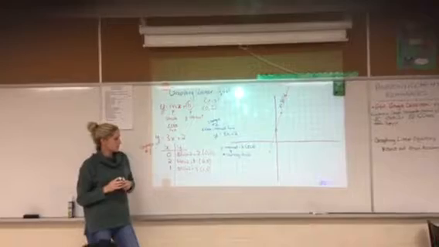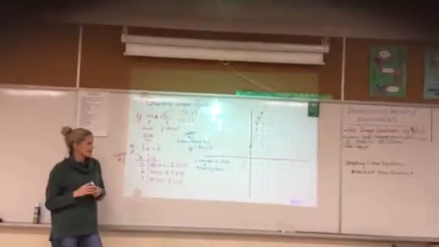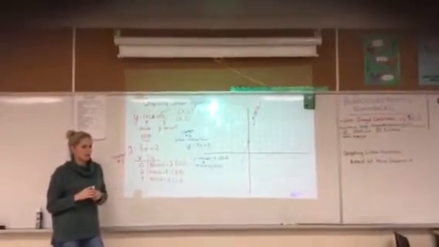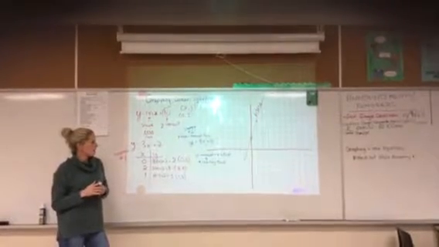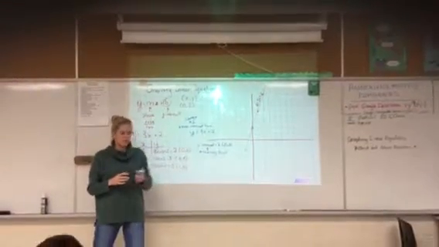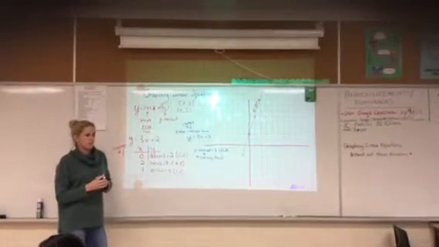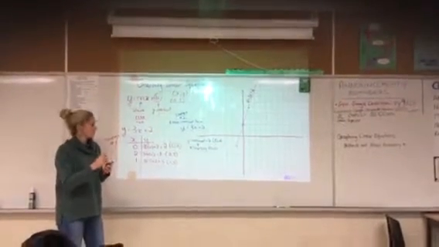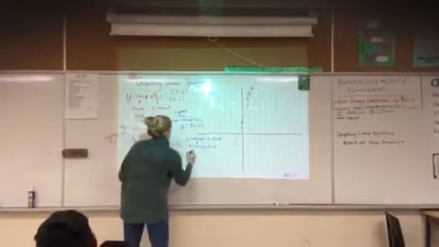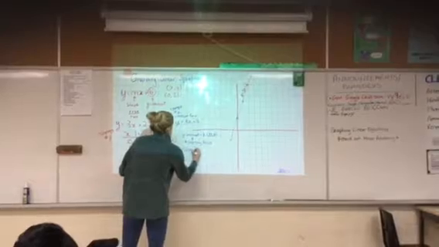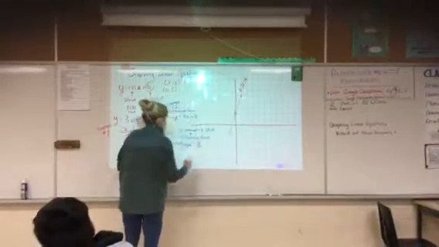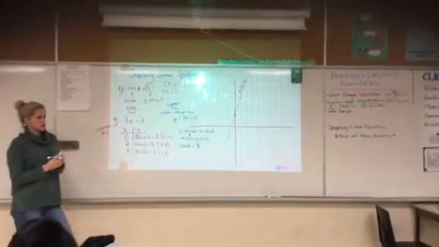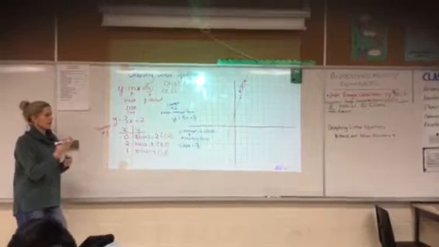Okay, awesome. So my second step is to look at my slope. So what value in this equation represents my slope? Yep, 3. Awesome. Okay, so this is my slope. So my slope is equal to 3. Okay, so that's just telling you how steep that line is going to be.